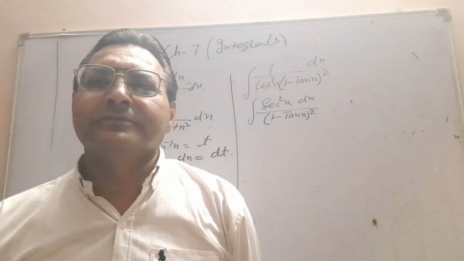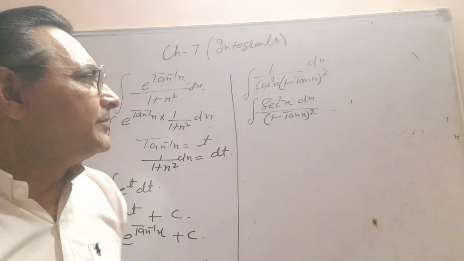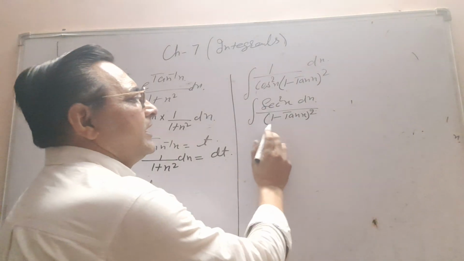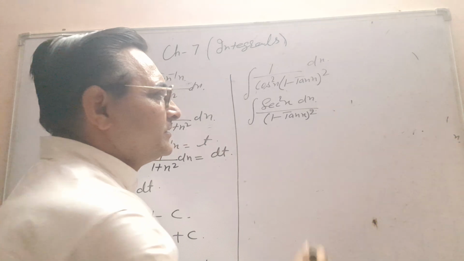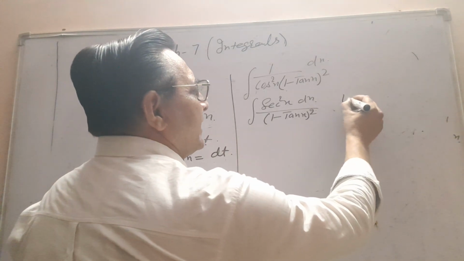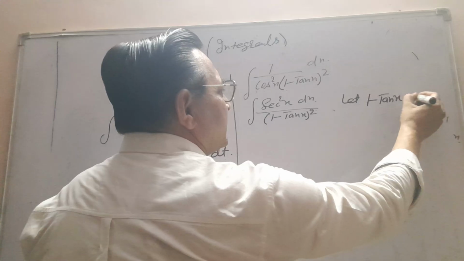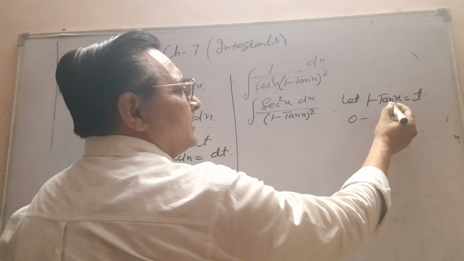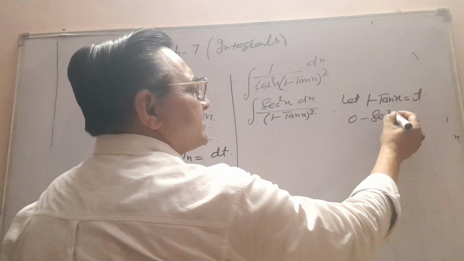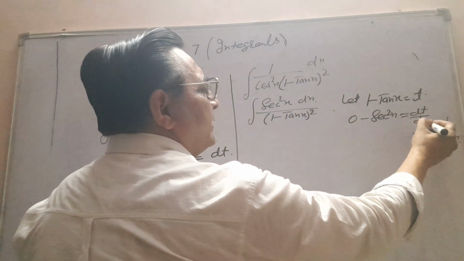Now this is easy, because 1's derivative is 0 and tan x derivative is secant square x. We get the function. So you can put here, let 1 minus tan x only, not whole square, is equal to t. So 1 का derivative 0, tan x का derivative secant square x is equal to dt by dx.